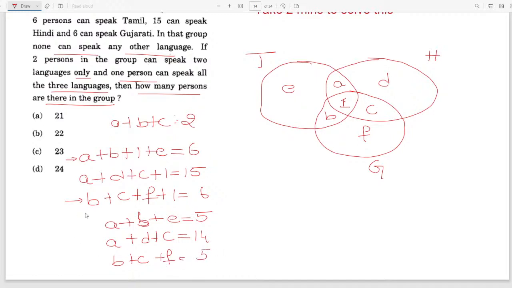Now, when we add these three equations, we will get there are two A's, two B's, and two C's.